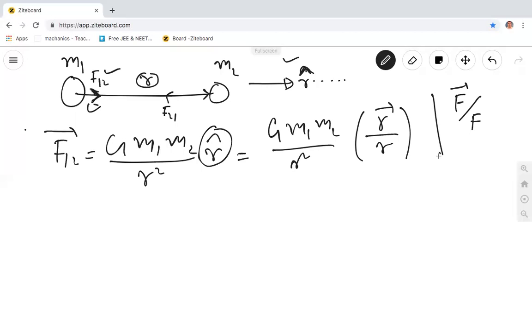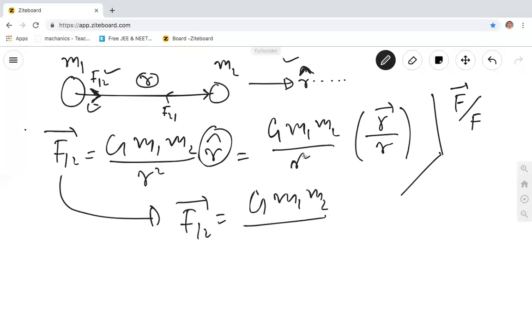It only gives the direction, yes. So what is this F12? G times M1 M2 by R squared and then the R unit vector. Or R square into this R, it becomes R cubed, and then the R vector.